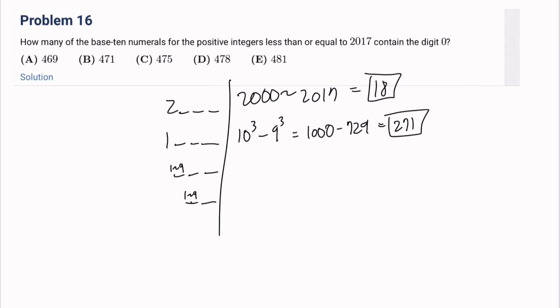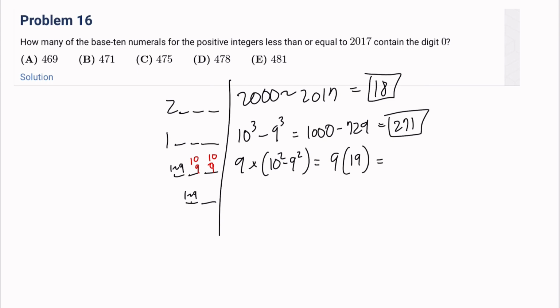This is 271. And for the next case, from 1 to 9, same logic as before, if we had zeros, it would be 10 times 10, but if we don't, it will be 9 times 9, right? So we have 9 for the first digit, times 10 squared minus 9 squared, and so this is 9 times 100 minus 81, which is 19.